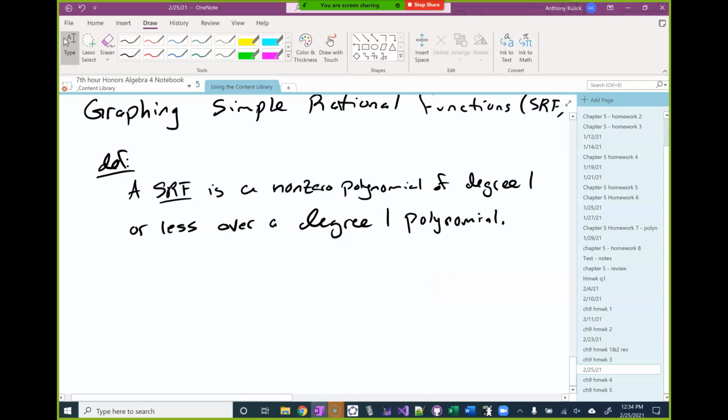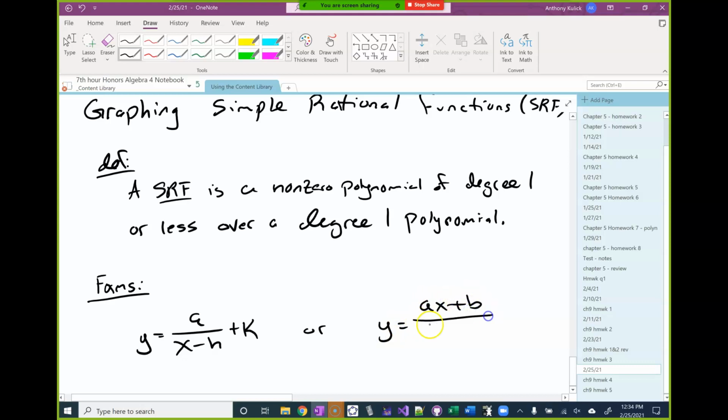So there's really two forms that we might write a simple rational function in. So we'll write our simple rational function in one of these two forms.